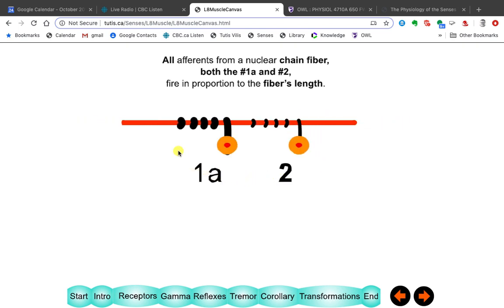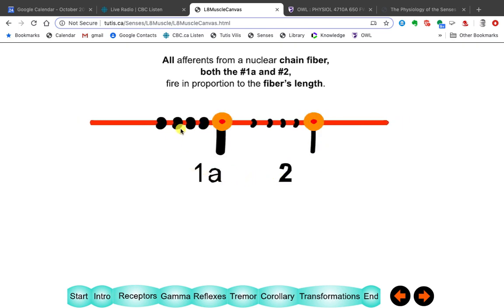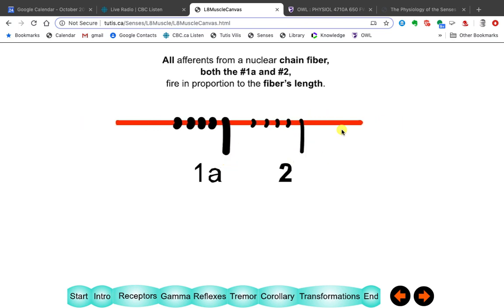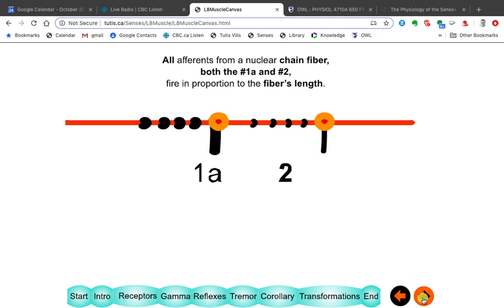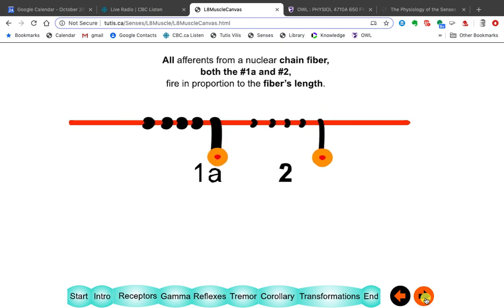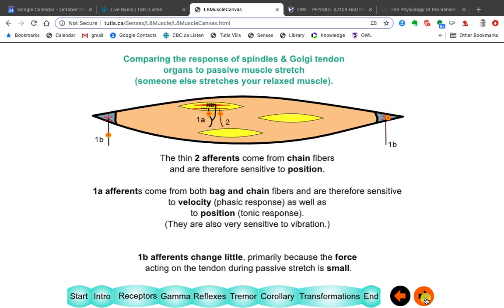Now notice here that this fires in proportion to how long the fiber becomes. So notice when here it's firing slowly, and now it's firing quickly. The more you stretch it, the harder it fires. So it's a good fiber for telling you what the length is of the muscle, and in turn, the position of, let's say, your hand.